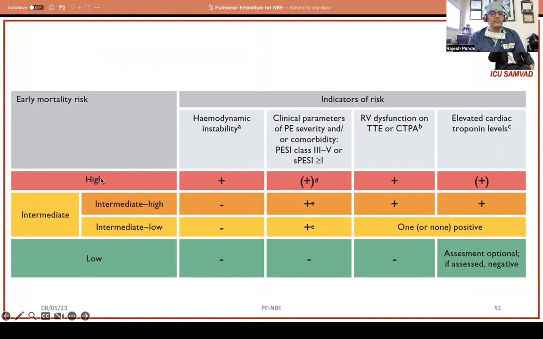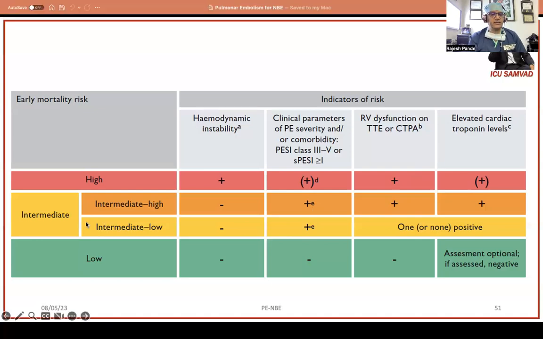Now, for being classified as high mortality risk, the patient is hemodynamically unstable, and the PESI classification, the pulmonary embolism severity index, belongs to class 3 to 5. Or if you are looking at simplified PESI, it is more than or equal to 1. Echo shows RV dysfunction, CTPA shows a filling defect, and the cardiac troponins are increased.